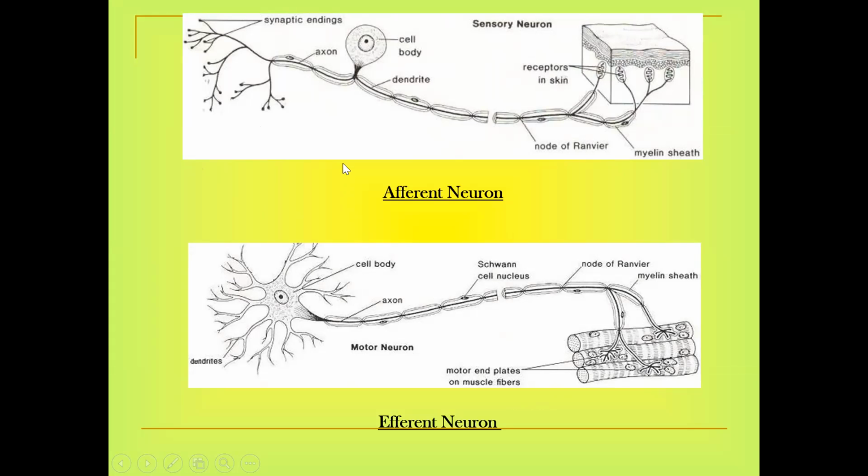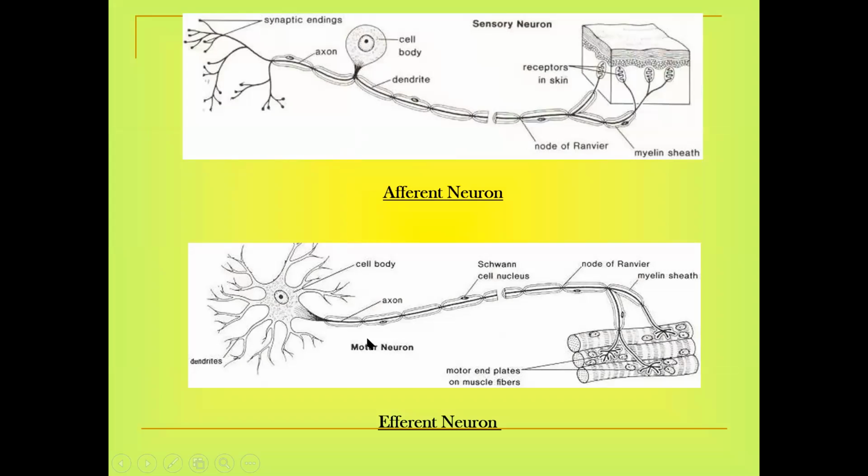For afferent neuron, the cell body is in the middle. But for efferent neuron, the cell body is located at the left side.